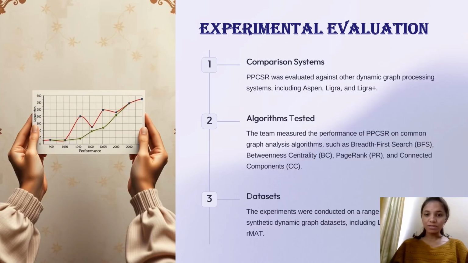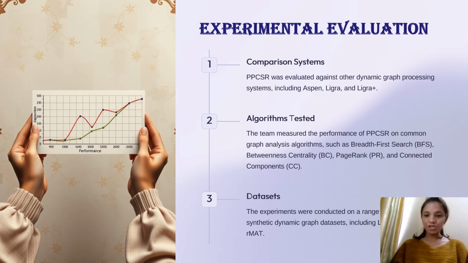Experimental evaluation. The first one is comparison systems. PPCSR was evaluated against other dynamic graph processing systems including Aspen, Ligra, and Ligra Plus. Algorithms tested.